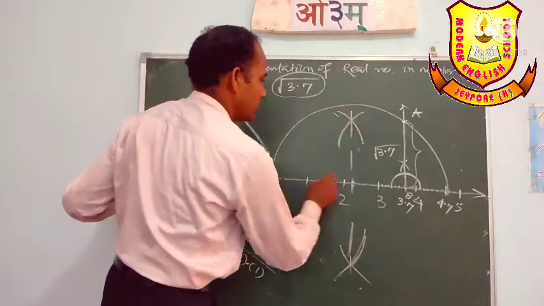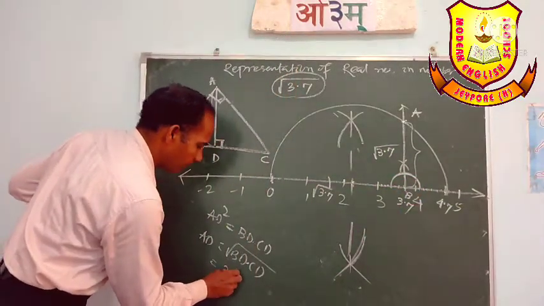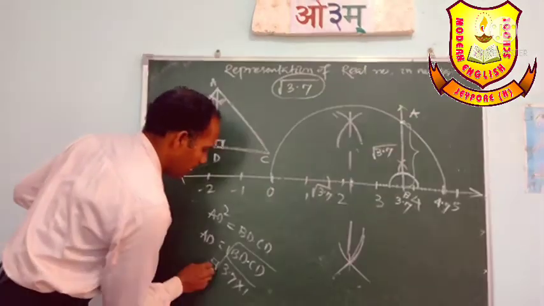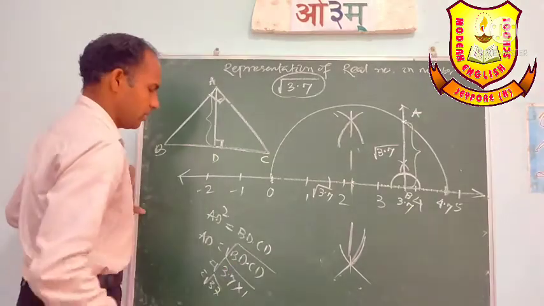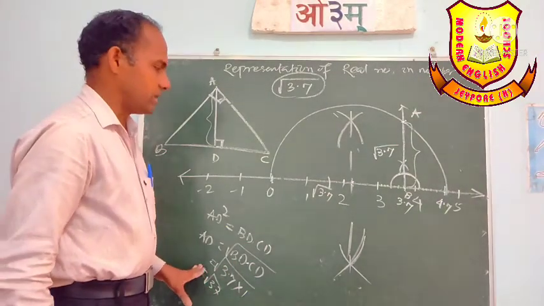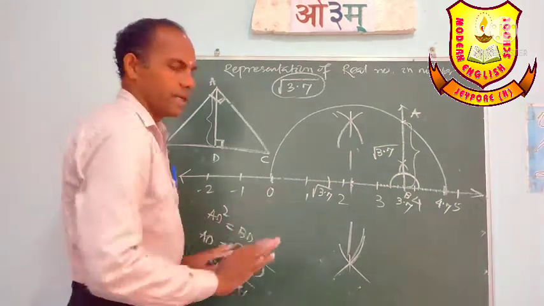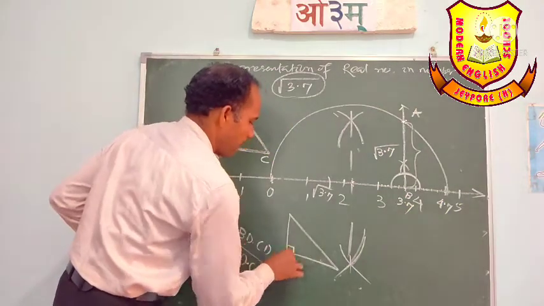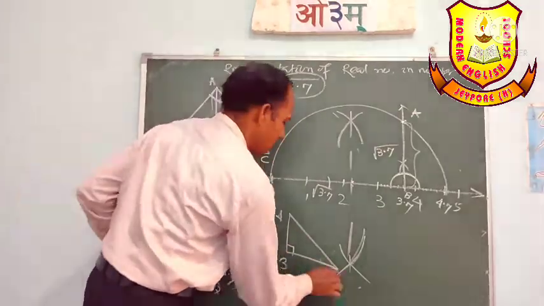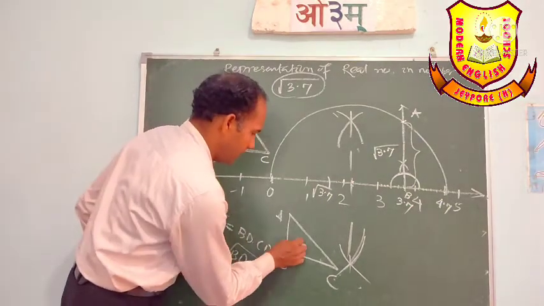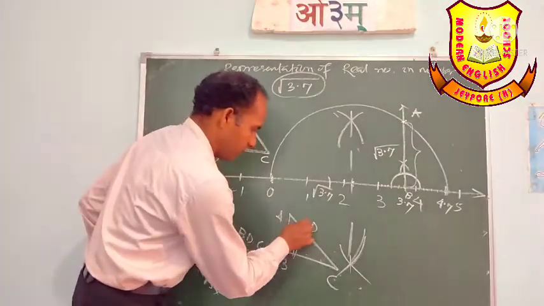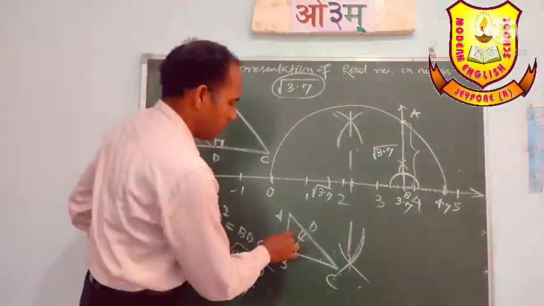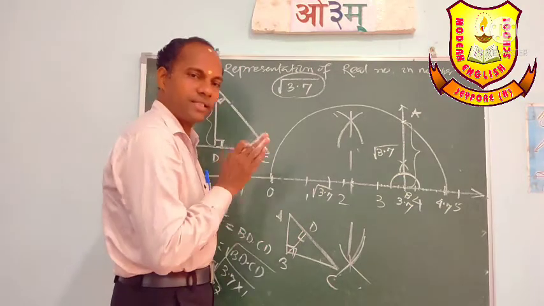So BD equal to how much? This one is 3.7 into this one, which equals 1, root over. That is root over 3.7. So the concept is based on this. Whenever we take a triangle ABC where B is 90 degree and BD is perpendicular to AC, we can prove this by applying the Pythagoras theorem and similar triangles.